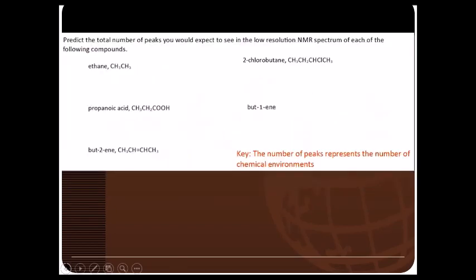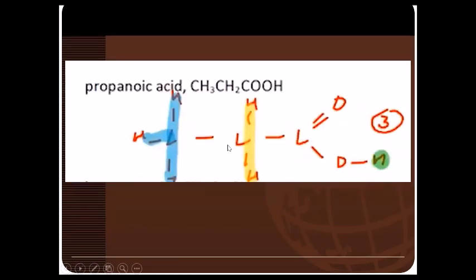The next one we're looking at is propanoic acid, with the formula CH3CH2COOH. When you draw out the molecule, draw out the structure. Unlike ethane, this propanoic acid has quite a few different hydrogen chemical environments, different proton groups.